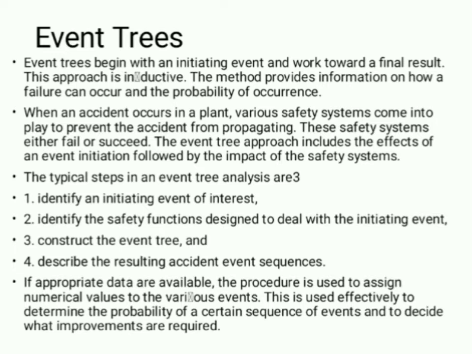When an accident occurs in a plant, various safety systems come into play to prevent that accident from propagating, and these systems either fail or succeed. In the same reactor, various safety systems will be installed: controllers, an alarm system, a shutdown system.